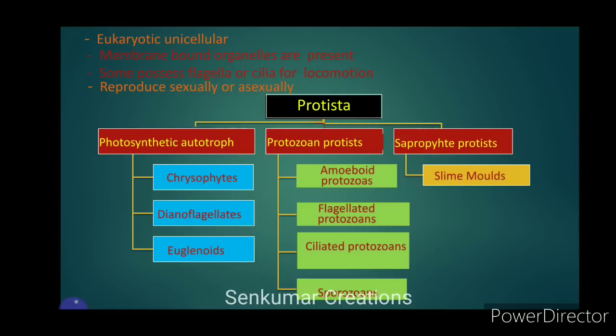Protista can be classified into three: photosynthetic autotrophs, protozoan protists, and saprophytic protists. Photosynthetic autotrophs are classified into three groups: chrysophytes, dinoflagellates, euglenoids. Protozoan protists are classified into four groups: amoeboid, flagellated, ciliated protozoans, and sporozoans. Saprophytic protist is only one type, called slime molds.